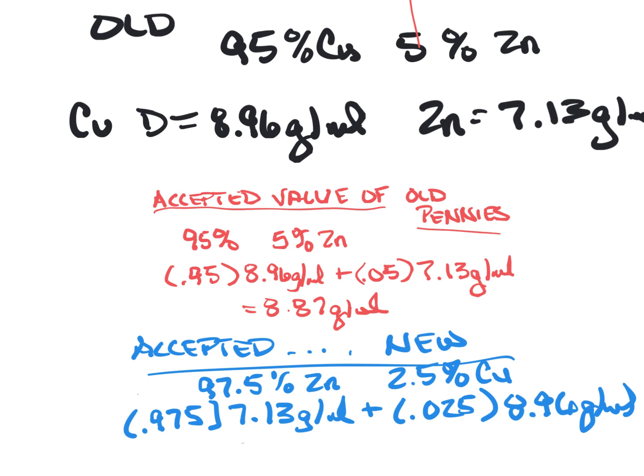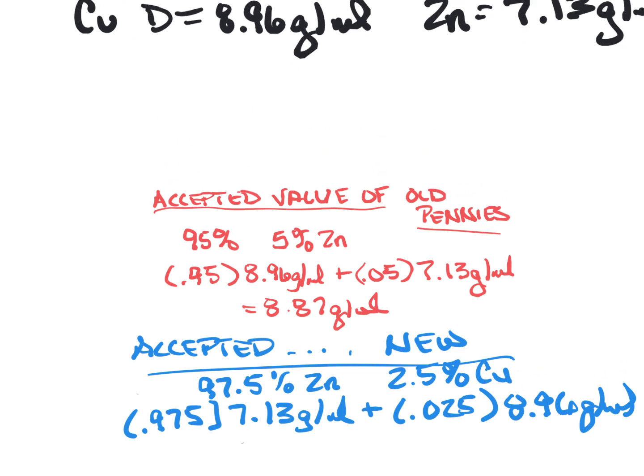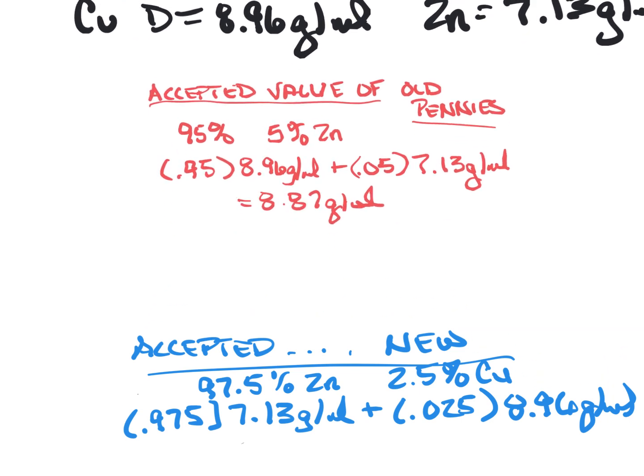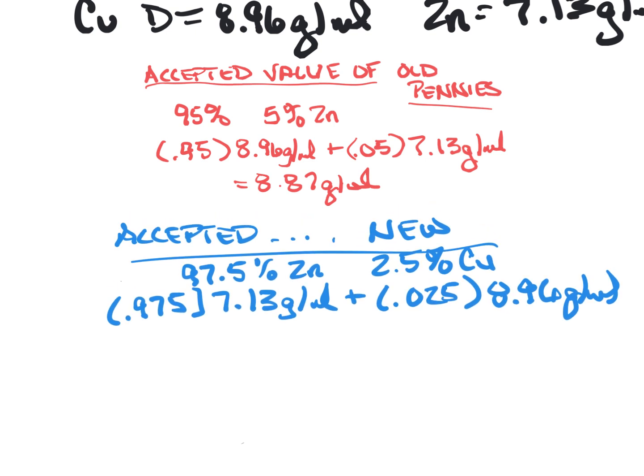And again, I'm going to put that in my calculator. And my calculator says the accepted value for this then is 7.18 grams per milliliter.